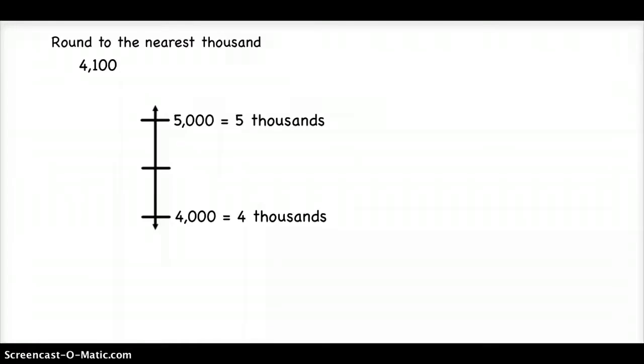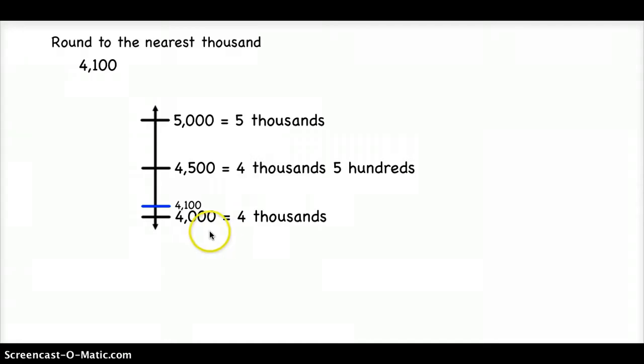Halfway, or midpoint, between 4,000 and 5,000 will be 4,500. If I place my 4,100 on my vertical number line, I see that it's closer to 4,000. So I'm going to round down to the nearest 1,000, and I find out that it's 4,000.